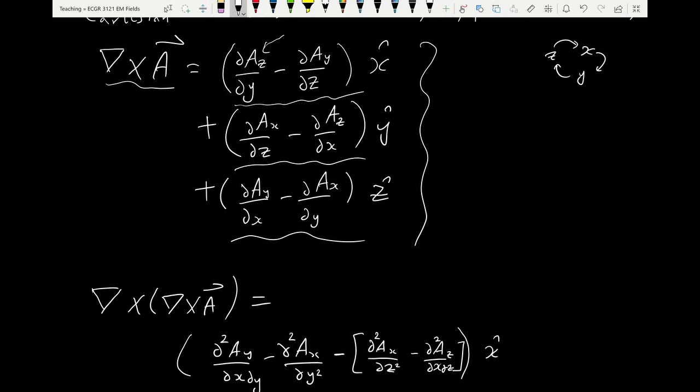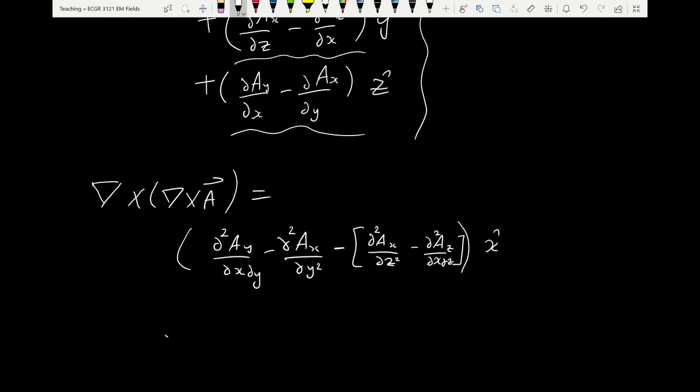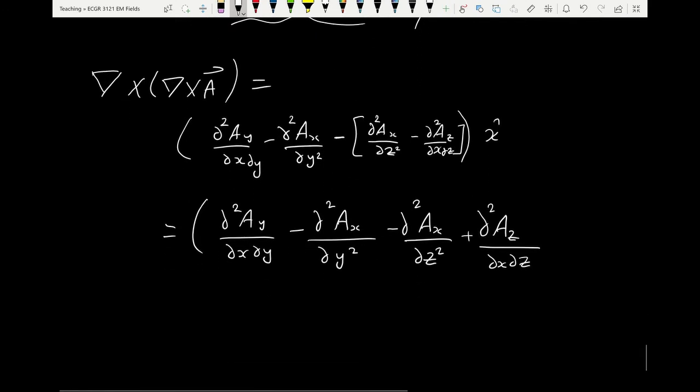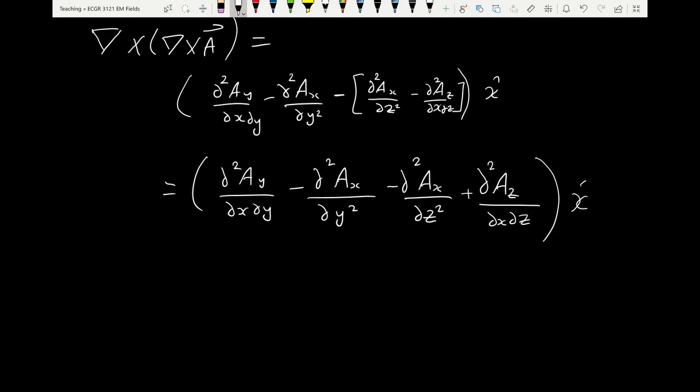Okay, and then I take the minus n, so this is equal to ∂²Ay/∂x∂y − ∂²Ax/∂y² − ∂²Ax/∂z² + ∂²Az/∂x∂z, x hat, right?